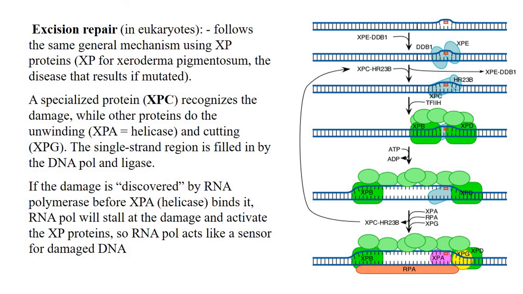So before the start of DNA replication, RNA polymerase will have to come in place and make that RNA primer. If there is damaged DNA where RNA polymerase will make an RNA primer, it will sense that damage and activate this excision repair mechanism in the cell, and it will fix that first, and then the replication will occur. So it's a post-replicative damage repair, or in a way you can say pre-replicative.